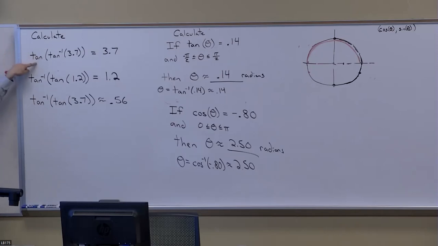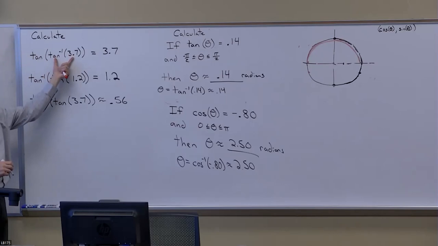This one is telling you what angle gives you a tangent of 3.7. And then, what would the tangent of that angle be?